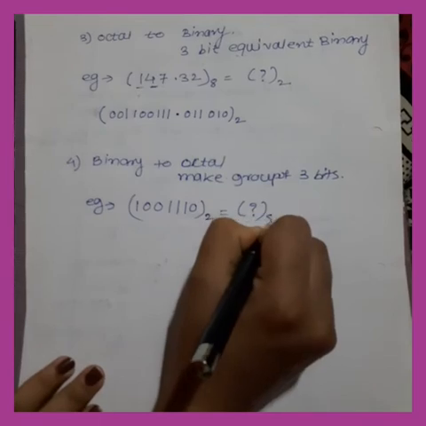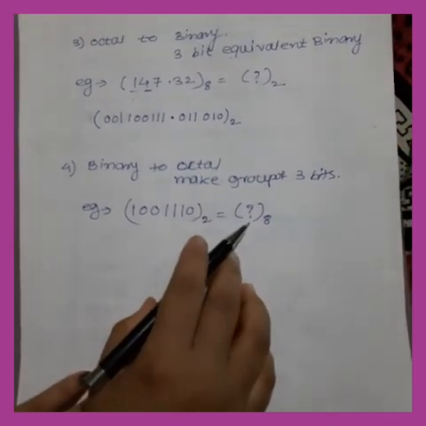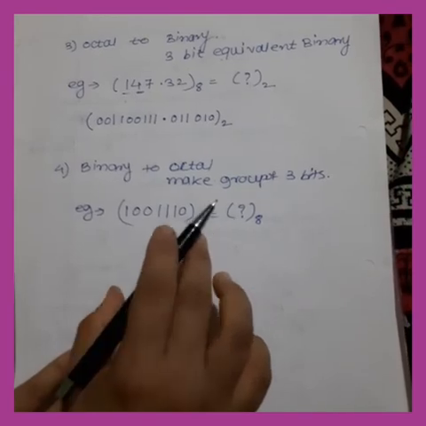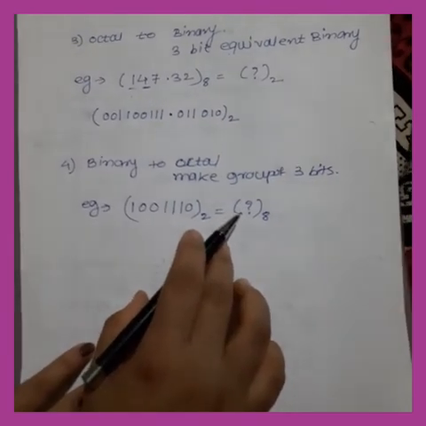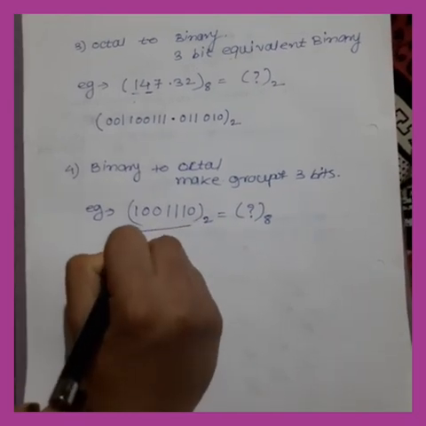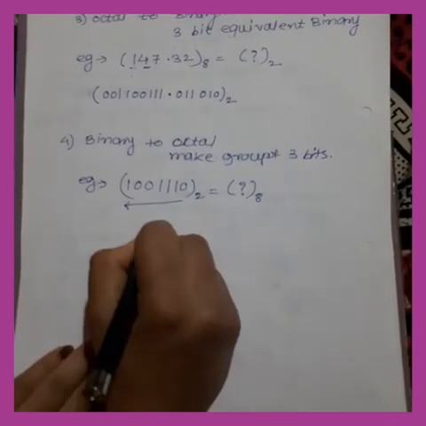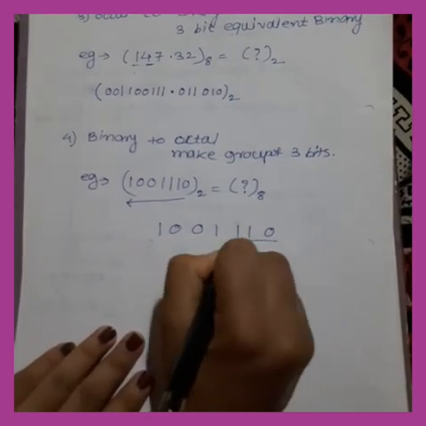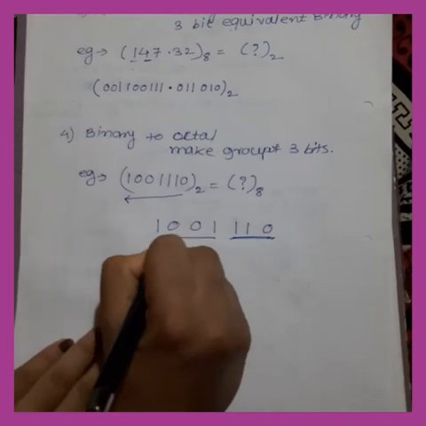To find the equivalent octal number, you have to start grouping of 3 bits from right hand towards left hand. So we can make groups as: this is group number 1, this is group 2.